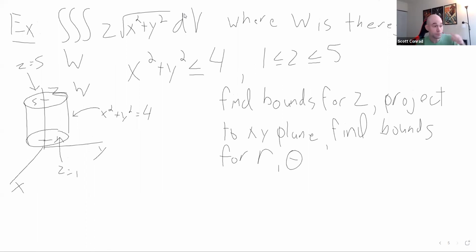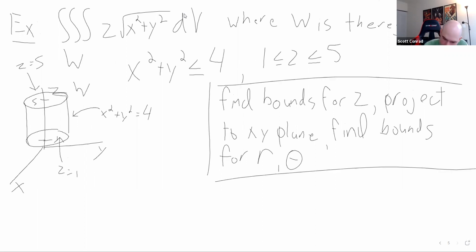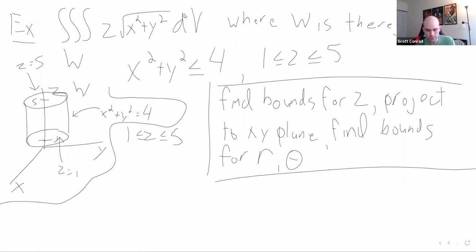Okay, so z. Z is easy. We're given the bounds for z. Z is bounded below by z equals 1 and above by z equals 5. Easy enough.